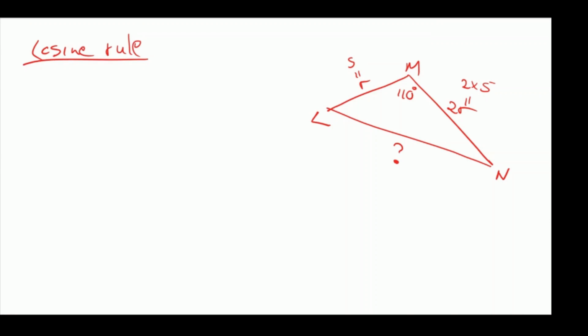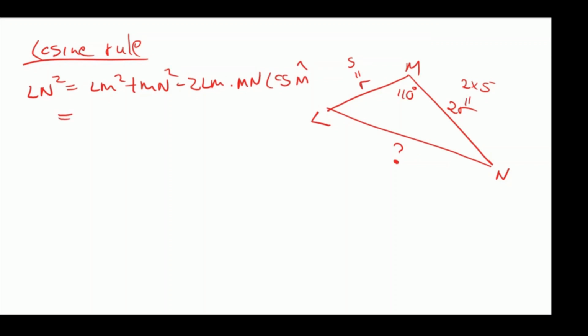We'll use the cosine rule. So LN squared will be equal to LM squared plus MN squared minus 2 LM multiplied by MN cos of M, which is the angle.